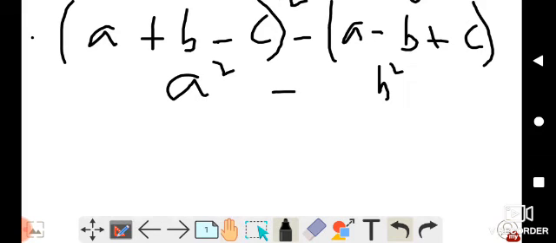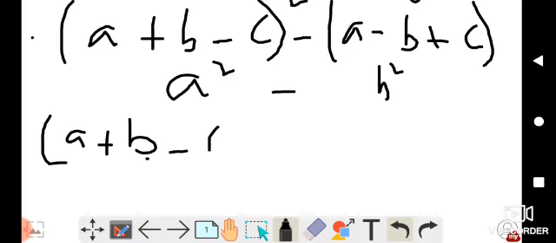So in one bracket we write all of these: a plus b minus c. Now this is of minus, so we give minus here. If we write the minus bracket, then write here minus a, and minus into minus is plus, so give here plus b, minus into plus is minus c.